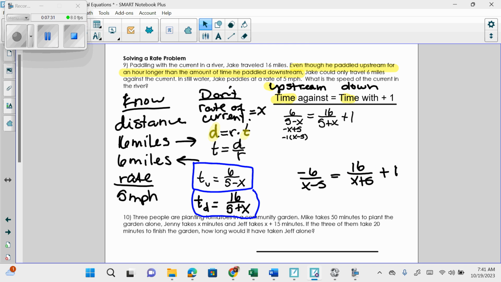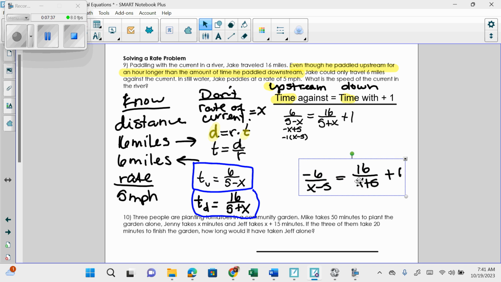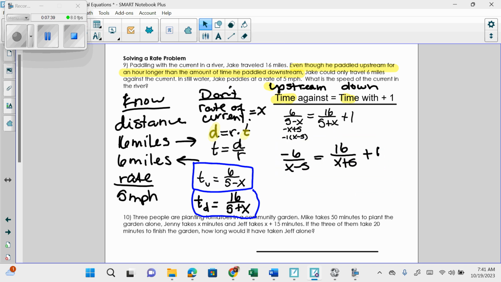So I'm going to get all of these over the same denominator. x minus 5, x plus 5. So I'm going to multiply this one by x plus 5. Oops, wanted to change my color there. There we go. And this one by x minus 5.